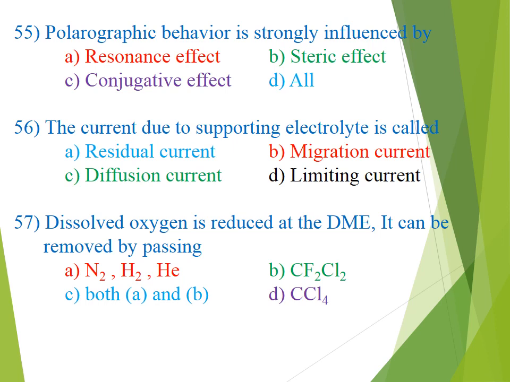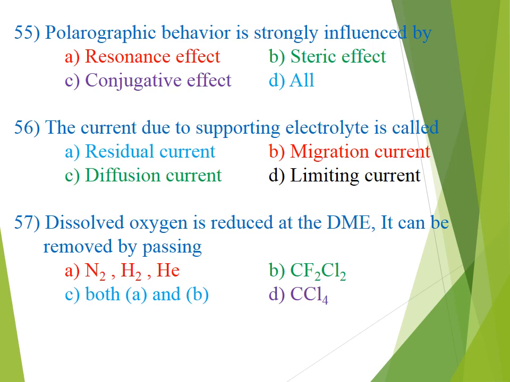Question number 55. The polarographic behavior is strongly influenced by A. Resonance effect, B. Steric effect, C. Conjugate effect. All these 3 effects strongly influence the polarographic behavior. Therefore option D, all, is correct.